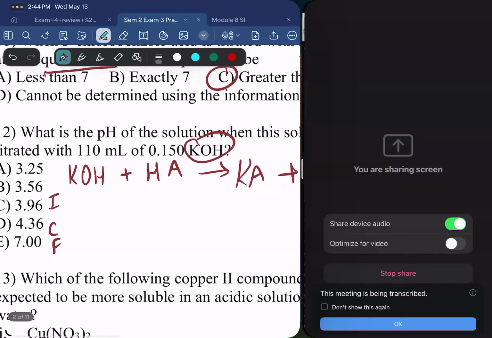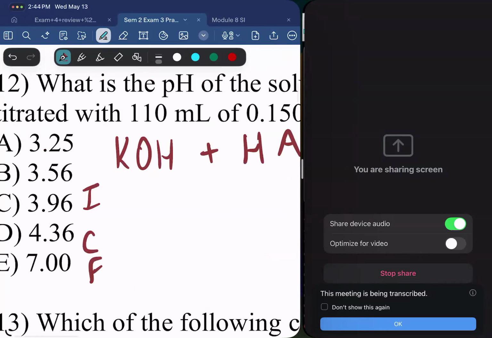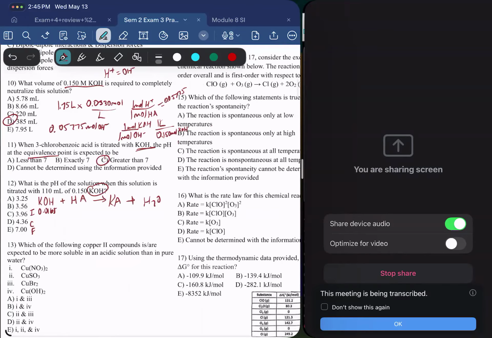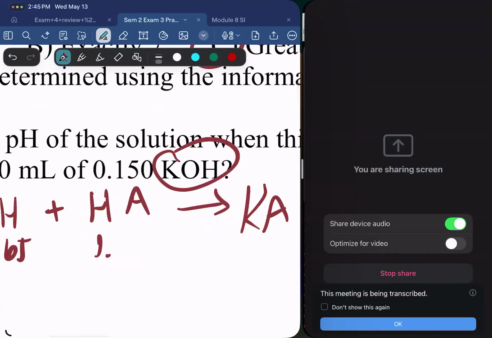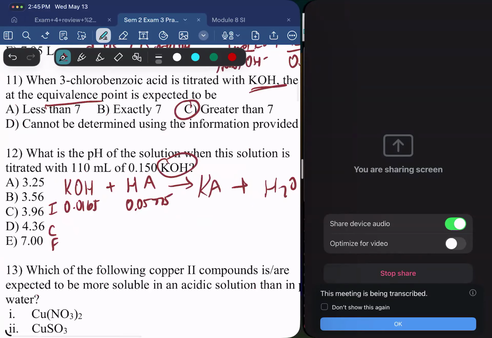And so we have to find the moles of all of them. So 0.110 times 0.15. This is the moles of KOH here. And we have the moles of acid up there, 0.05775. And we don't have anything here yet. Water doesn't matter, right? So this is 0.